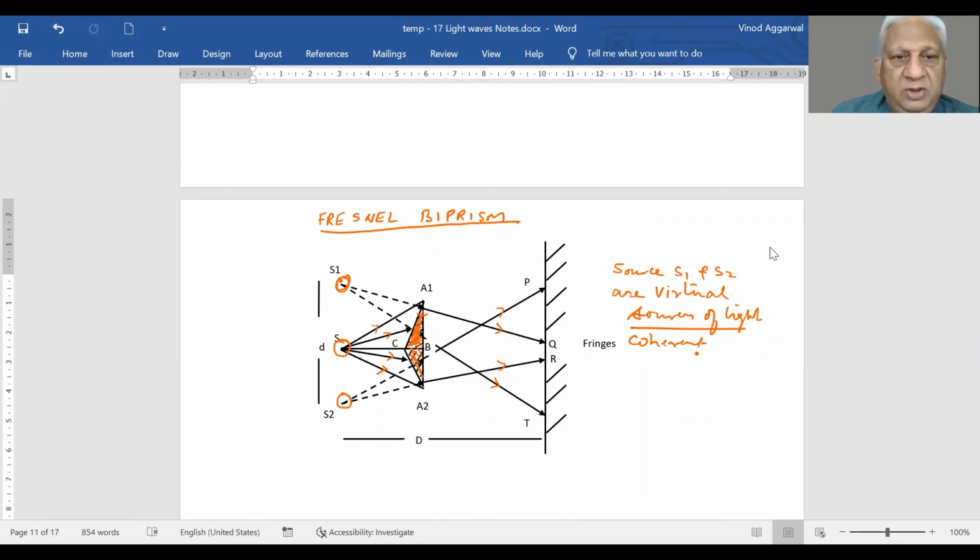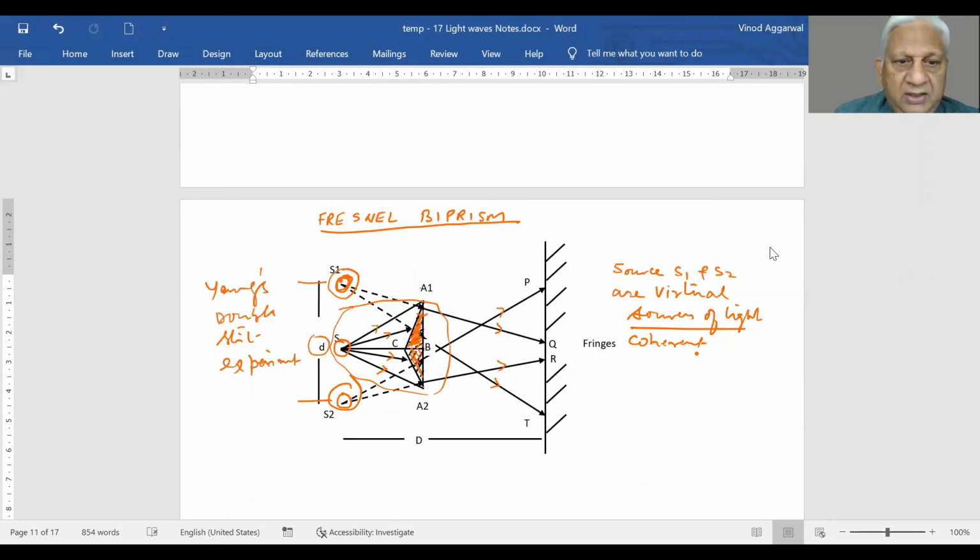Now, if you forget about this portion, isn't it equivalent to Young's double slit experiment? What did we have there? Two sources, this and this, separated by a distance d.